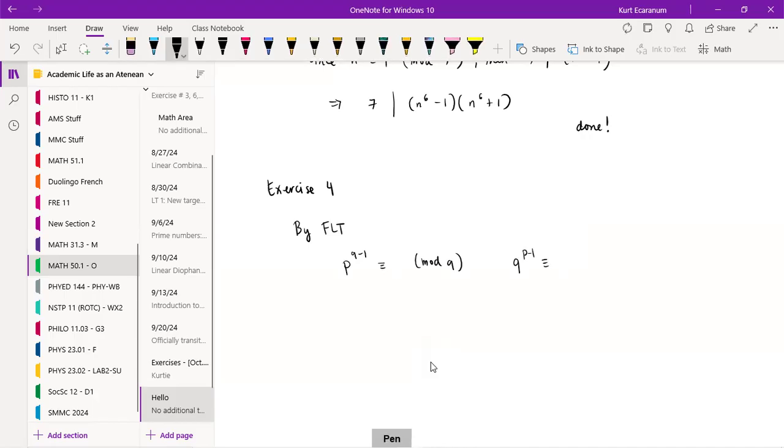Sorry. 1 pala. 1. So, modulo P. And we can, sa first congruence, pwede tayong mag-multiply ng P. As well as on modulo on the Q.